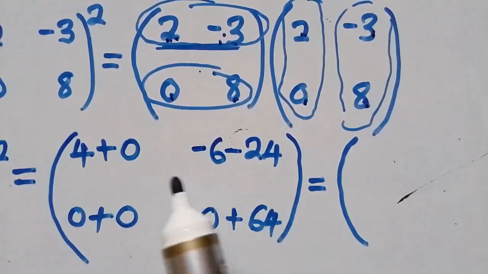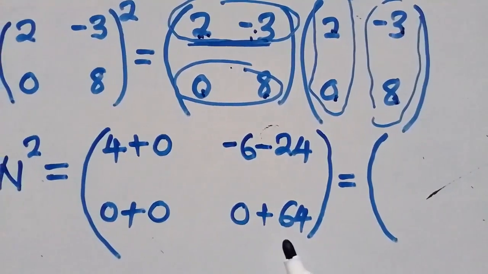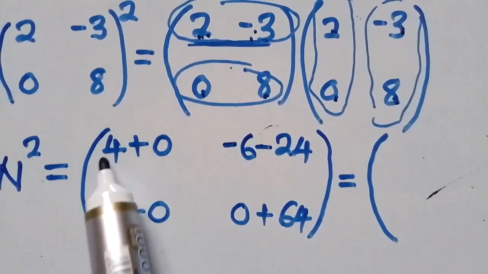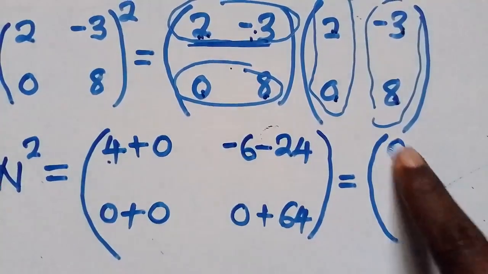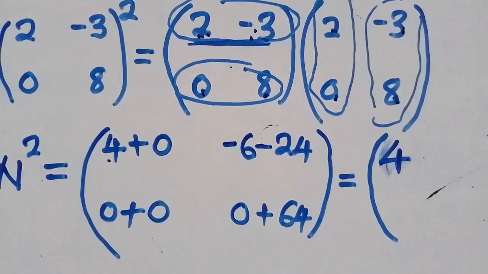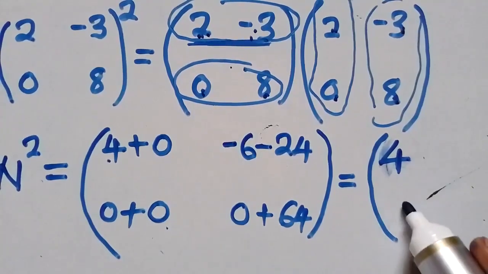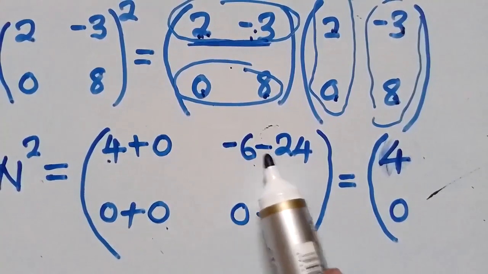Since we want to find n squared, 4 plus 0 is 4. So I put my 4 there. 0 plus 0 is 0. I move here. Negative 6 minus 24.